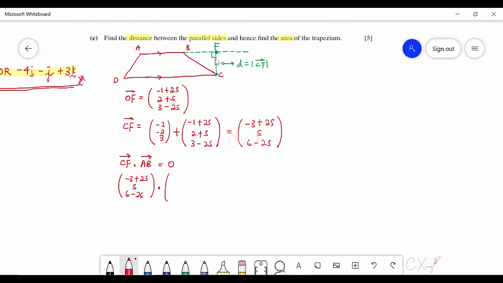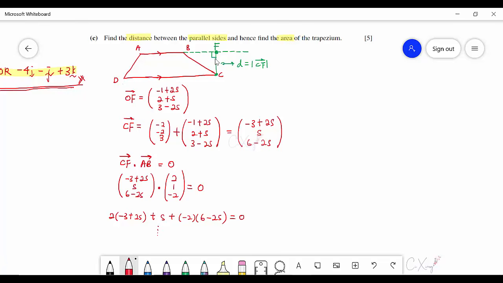AB we already got in part 1, or maybe even part 2, which is 2, 1, and negative 2. You let it equal 0, so we apply the dot product between these two vectors.